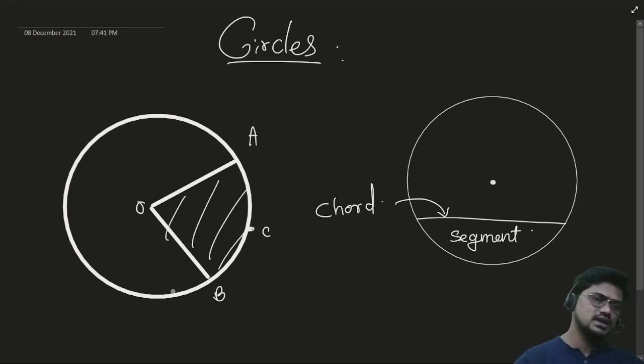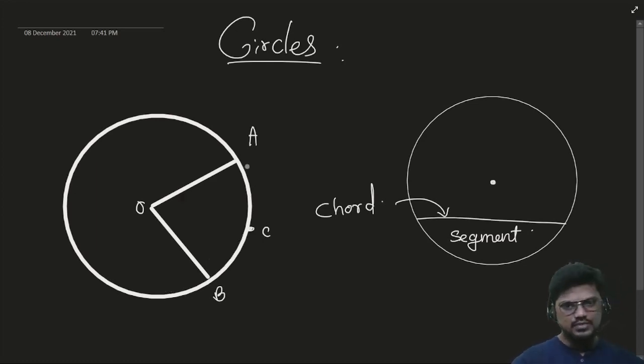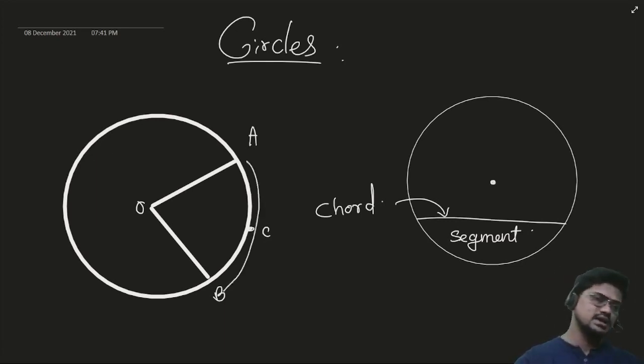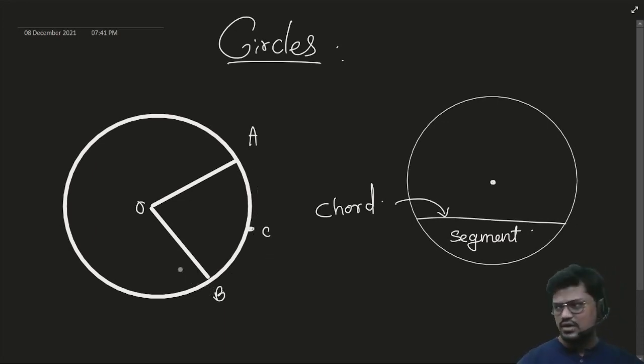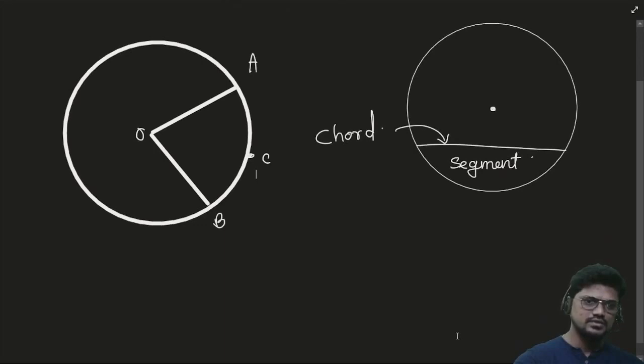This area is said to be the sector. And this part is said to be the arc of the sector, or you can just say arc. Now you have learned area of sector, length of arc and all. How to find them? No, sir. Fine, so we'll be studying it afterwards.